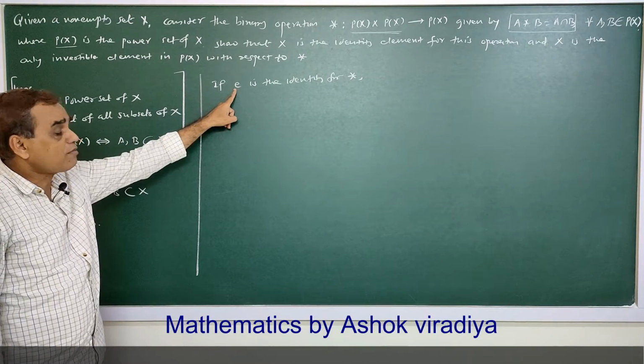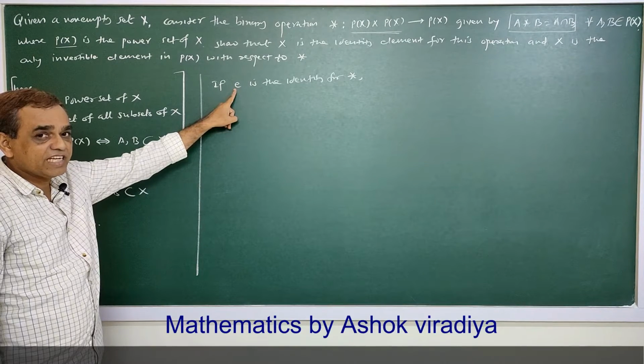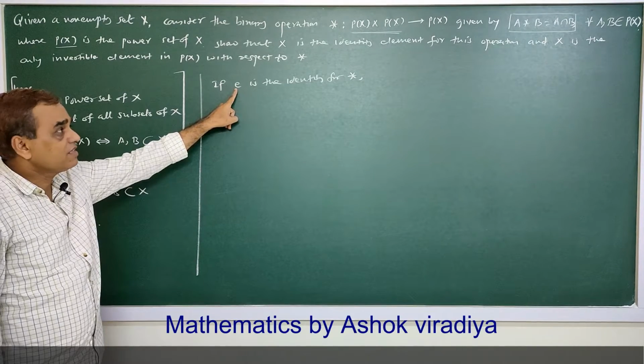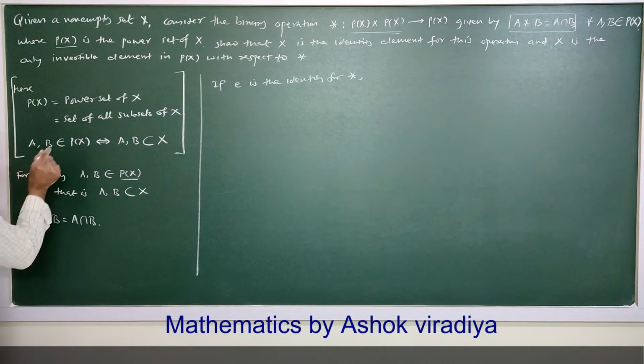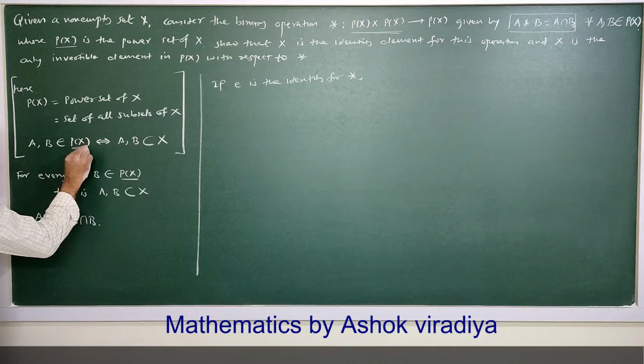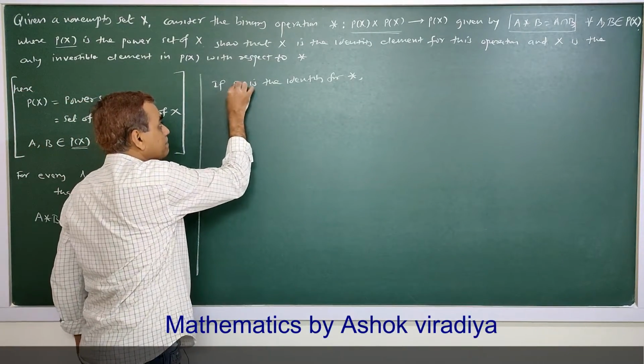So this element will be a subset of X. So we should not use a small e. It is not a number. In case of numbers, we use small e. But because in this case it is an element of this set, hence it will be a subset of X. So we use capital E here.